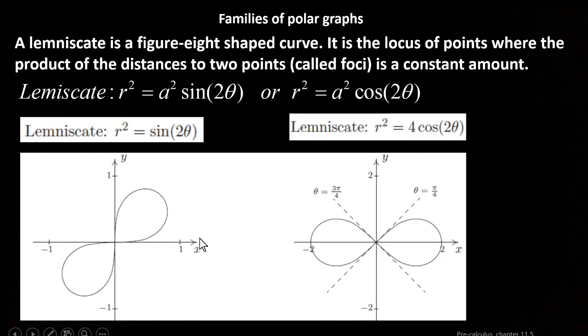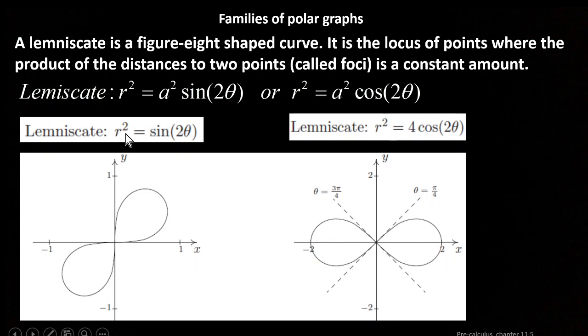And then we have ellipses. We're going to get to these later, but for now, this is similar to those. But instead of the sum of the distances, here, if you multiply the distances from 2 foci, 2 fixed points, you get a constant value. And that's the shape that you get.